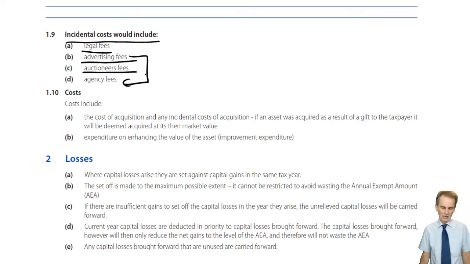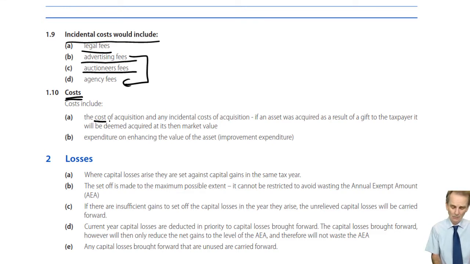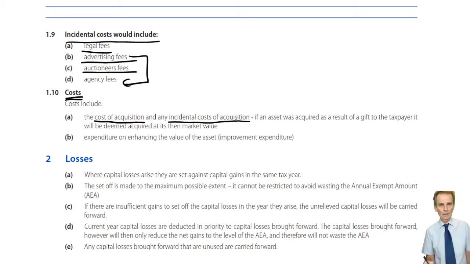As we'll see as this chapter goes on, where we may have more of an issue is in terms of our allowable costs. Now, to begin with, again, it's not difficult. Costs will include whatever you bought it for, the cost of acquisition, or of course, if it was gifted to you, the market value at the date you acquired it, and any other incidental costs of acquisition.